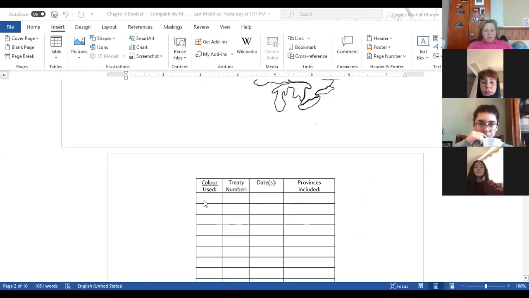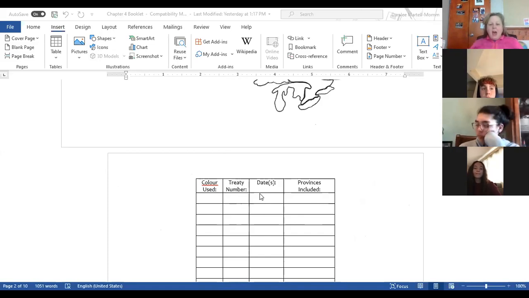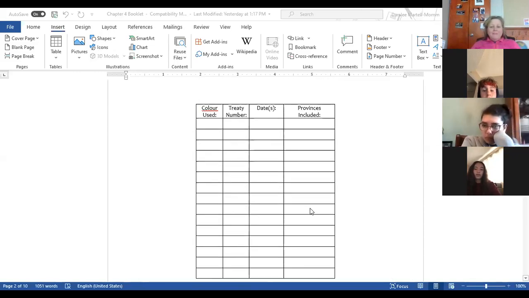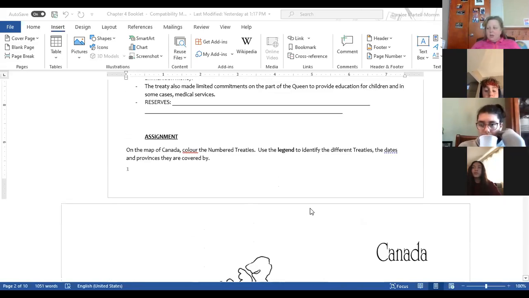You'll tell me the color you used for the treaty number, the date the treaty was signed, and the provinces that were included. For example, for Treaty 7, I would put red, Treaty 7, the date it was signed was 1877, and the provinces included was Southern Alberta. You do that for all of them. I believe there are 11 numbered treaties. Is everybody clear on that?